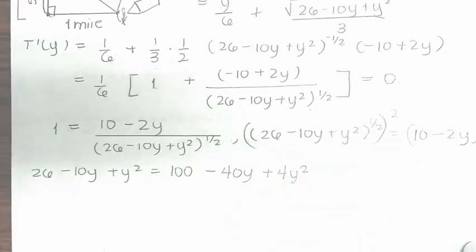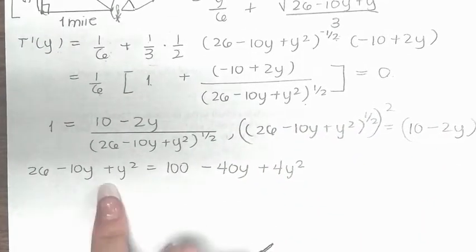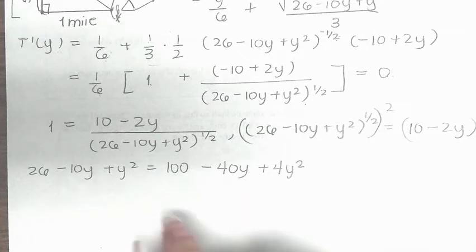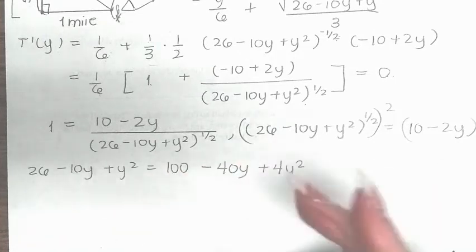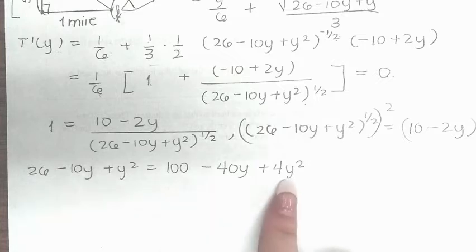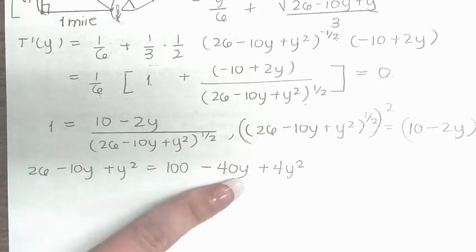So you have this equation which looks pretty similar to an algebra 2 problem. You know that I need to pass the like terms to the same side. This looks like a quadratic, so I'm going to pass everything to this side.